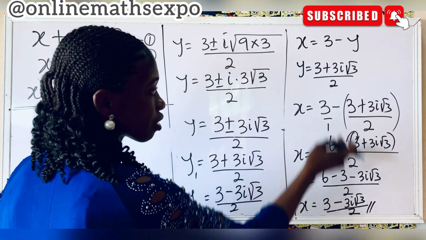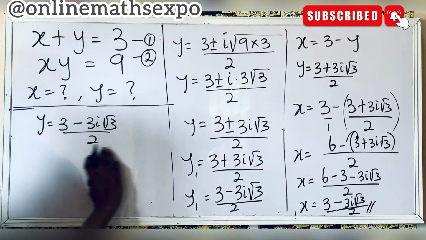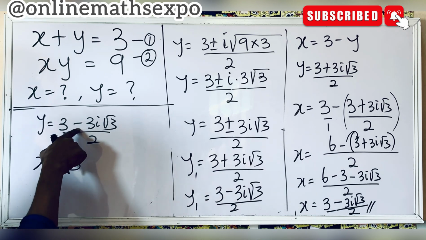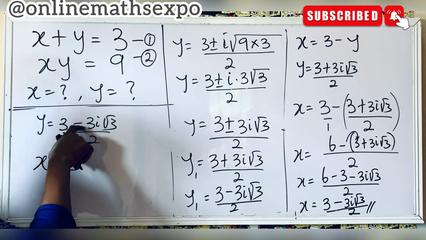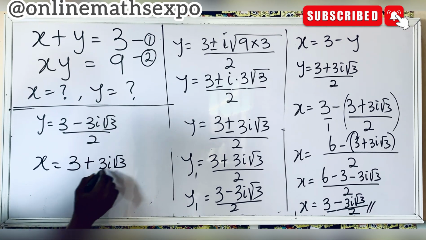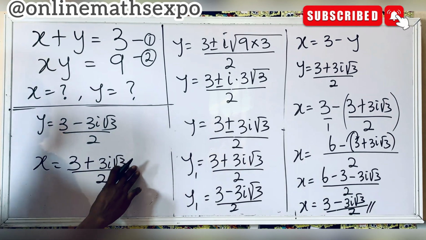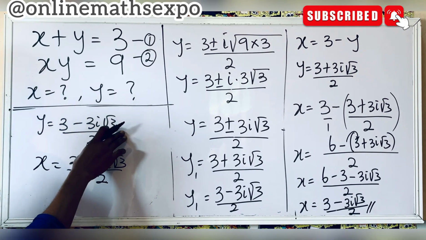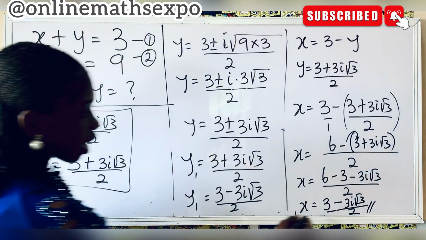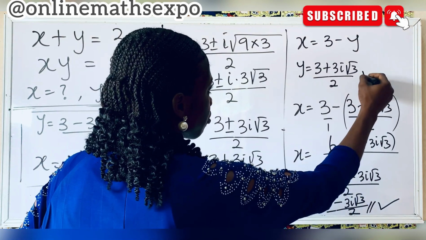Okay, so we can just simply say that when y is this, our x will be 3. So this is minus, meaning it is going to be plus 3i root 3 all over 2. So this is going to be our x value for this y value, and this will also be our x value for this y value.